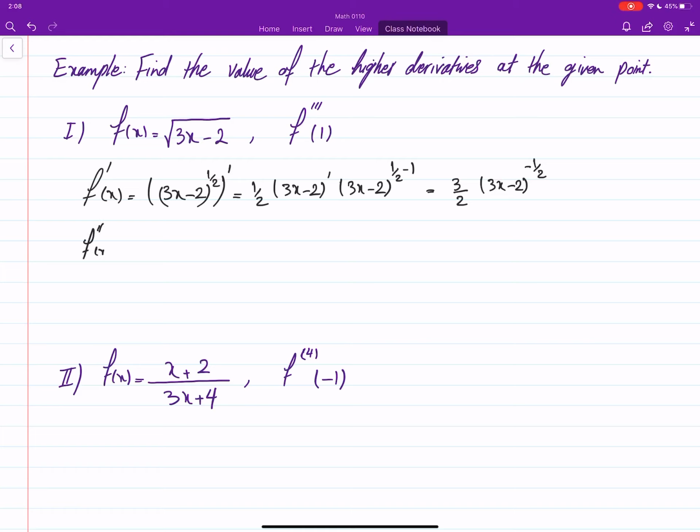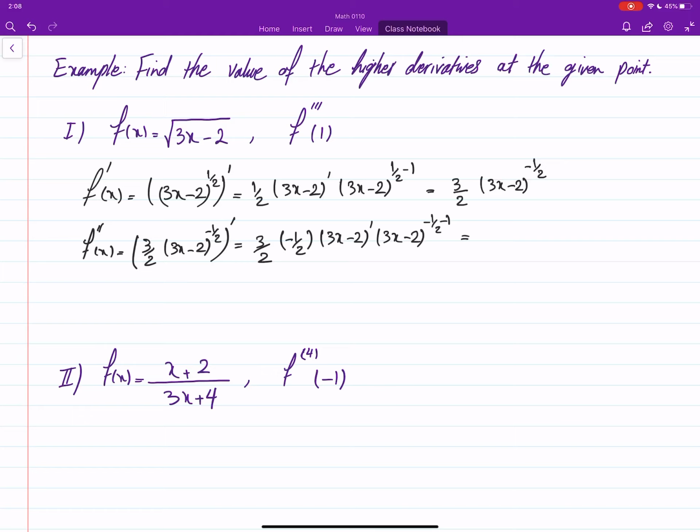And the second derivative we can find by, again, 3 over 2 times (3x minus 2) to the power negative half, prime. Constant multiple rule and then a power rule. Negative half comes up front, derivative of 3x minus 2, and then 3x minus 2 to the power negative half minus 1.